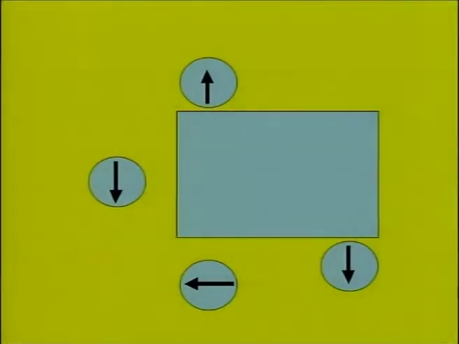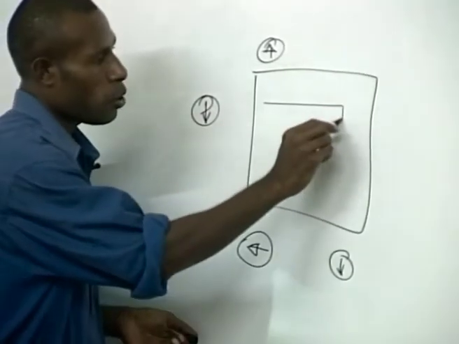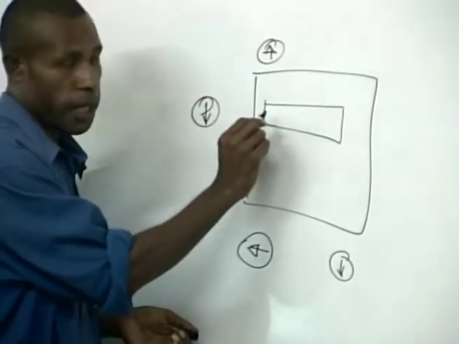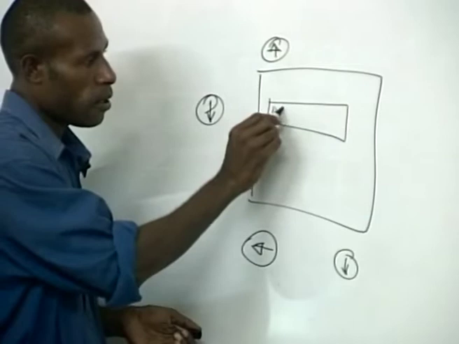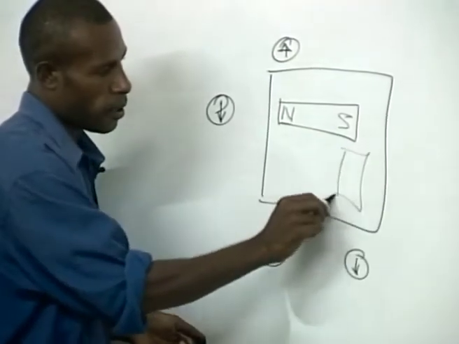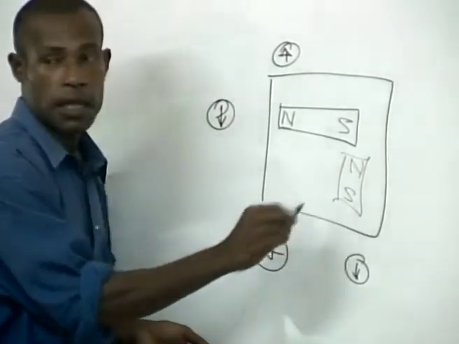Now, this is a diagram that is showing you the information. What you do is simply draw in magnets over here, and then indicate whether it is like this, north or south, or one is placed like that, having north and south.